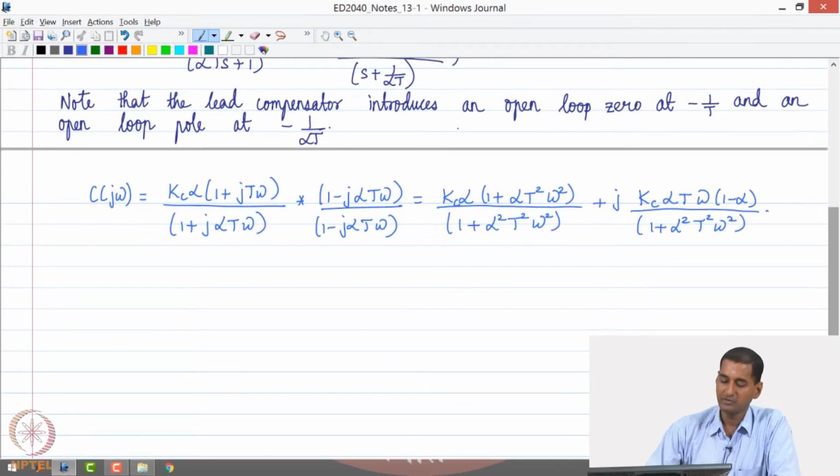That is the real component and the imaginary component of the sinusoidal transfer function of a lead compensator.